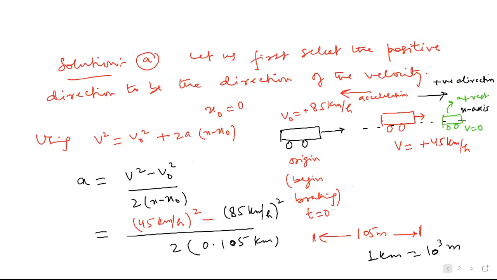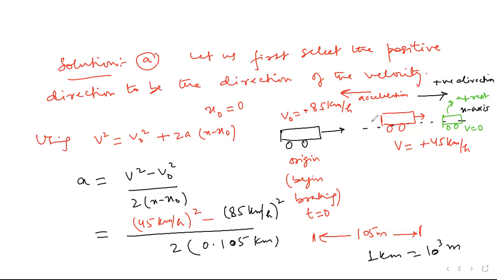That means I find the time when I stop the car, between the moment when I begin braking and when the car comes to a halt. My initial velocity is 85 kilometer per hour and my final velocity is 0.